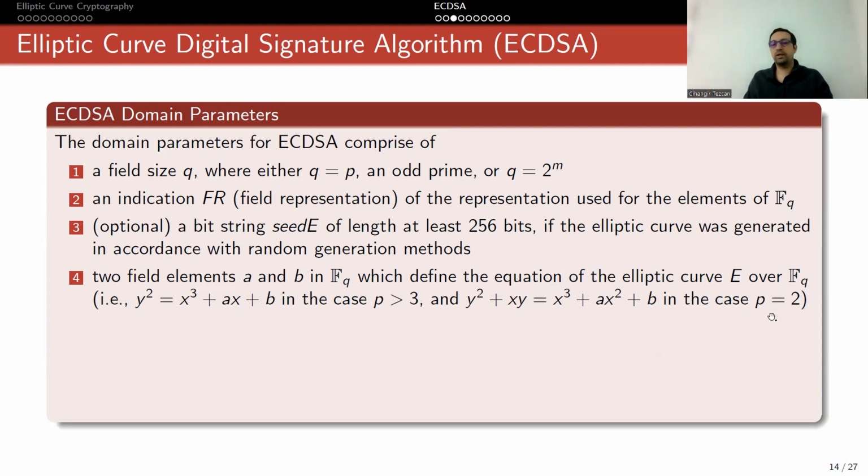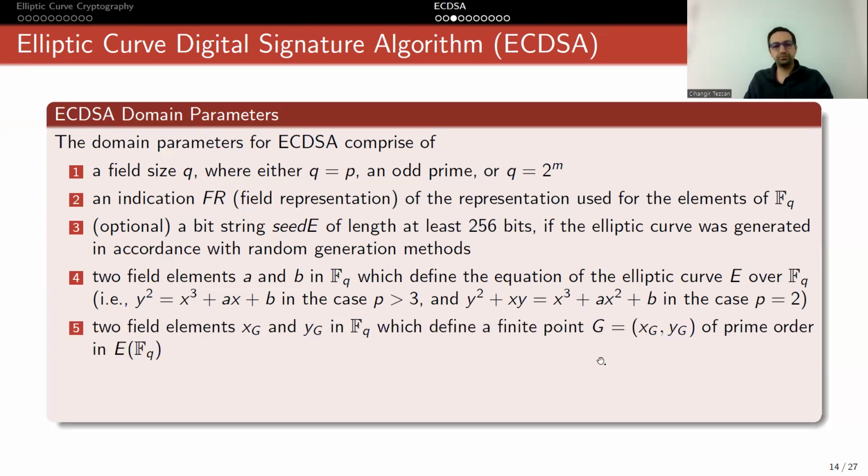But if you choose your characteristic as 2, which means that your q equals 2 to the m for some value m, then your elliptic curve becomes y square plus xy equals x cubed plus ax square plus b. Okay. 2 field elements, x and y coordinates in FQ, which define the finite point G of prime order in E over FQ.